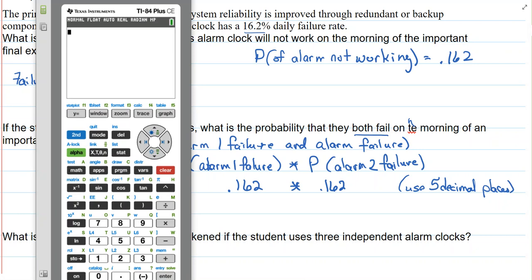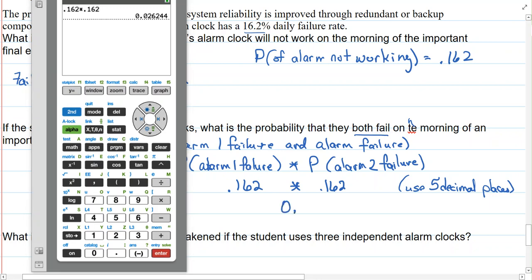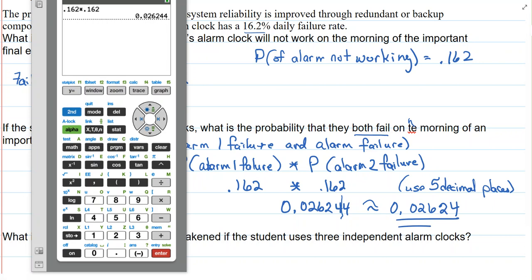So I have the decimal 162 times the decimal 162, making sure I do the entries correctly. Garbage in, garbage out. So I have this value, and we want 5 decimals: 1, 2, 3, 4, 5. So we have approximately that possibility. Well, that comes to be like 3% chance of both of them not working, which makes sense if you think about it.